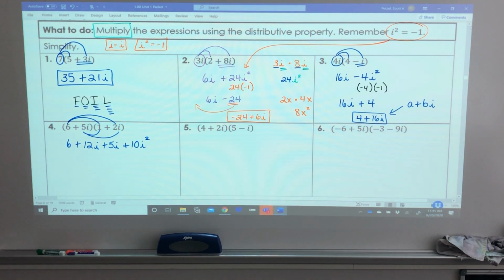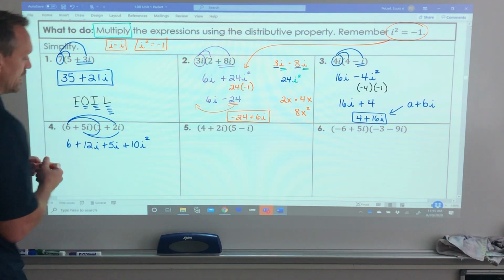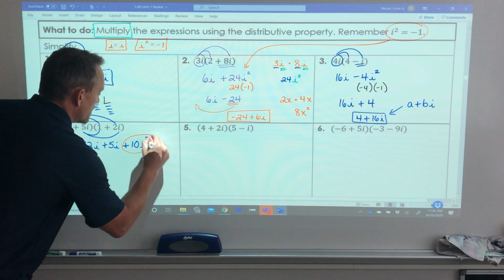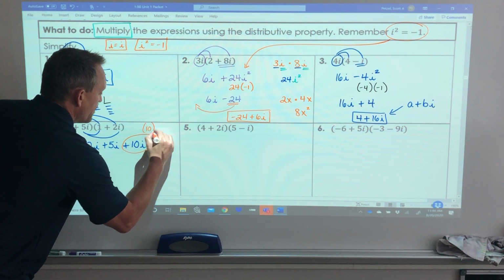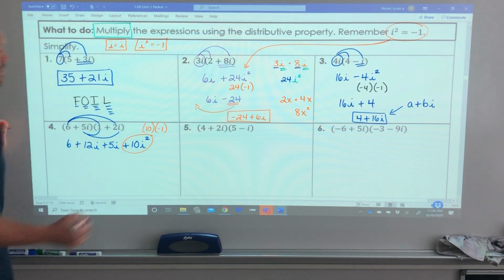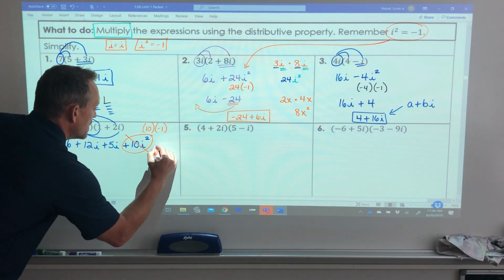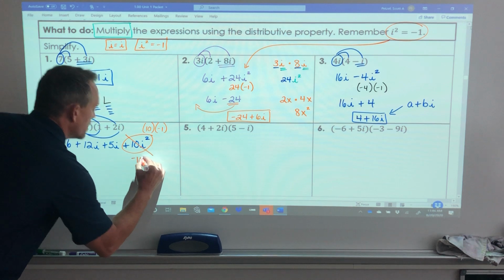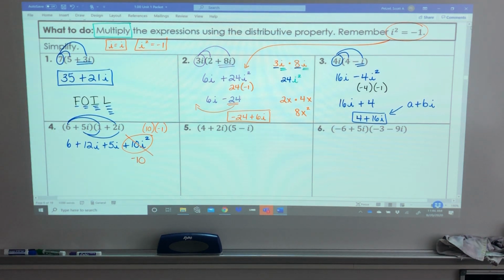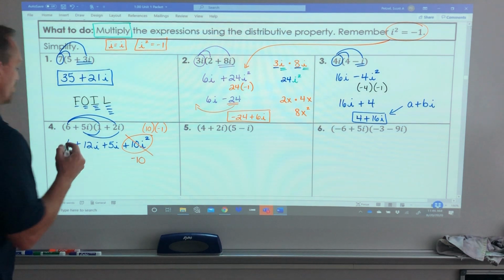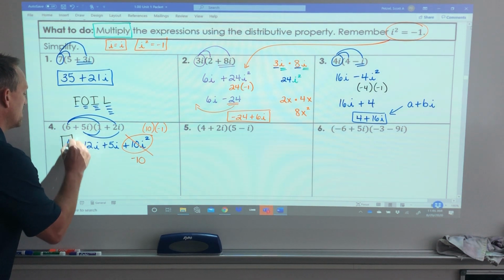Okay? From here, we need to change the i squared. That's the one thing we can manipulate. So this right here is equivalent to 10 times negative 1. 10 times negative 1 is negative 10. When we do that, now we have multiple pieces to put together.